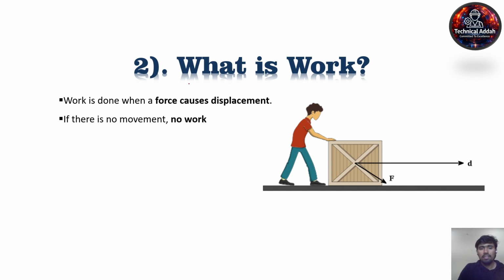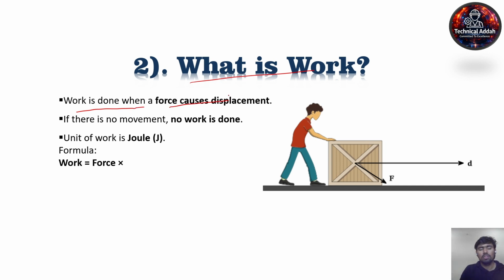Now, the second one is what is work? Work is done when a force causes a displacement. Means if a force is applied on this body and it got a displacement of x, means the work has been done, that is force into displacement, means the distance is x.